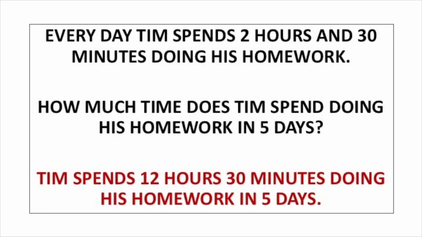And that's how much time Tim spends doing homework over 5 days. 12 hours, 30 minutes. Tim spends 12 hours, 30 minutes doing his homework in 5 days. And this is how we correctly read, understand, and answer word problems involving time. Any questions, guys? Okay, that was excellent. Well done.